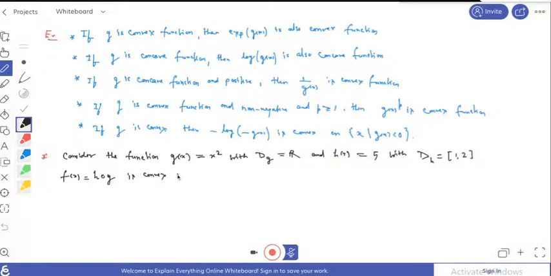If gx equals x square and hx equals 5x, then you have to find the value of this function, take this value and prove whether it is convex or not.